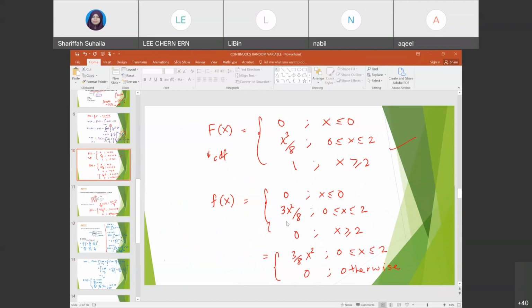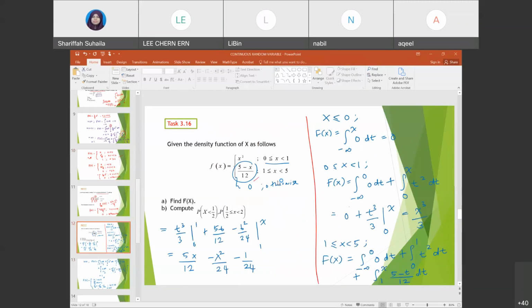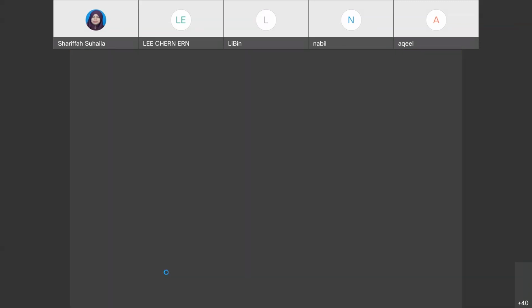Okay, and then this one, you have 2 ranges. So at least you have x less than 0, 0 and 1, 1 to 5, and then x greater than 5. Okay, once done, present it in terms of a function. So present it in the form of a function.